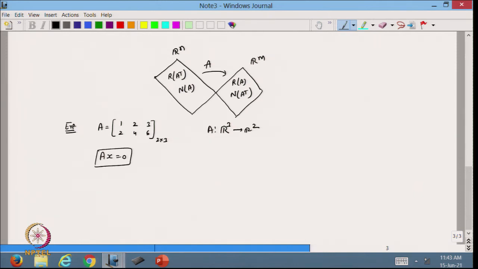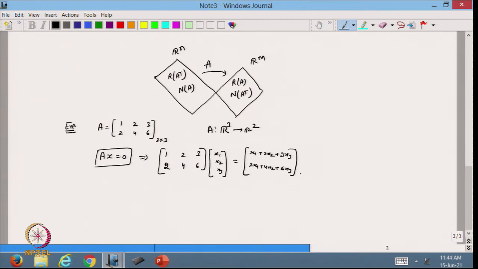That gives me the matrix 1 2 3, 2 4 6 times x1 x2 x3, because it is coming from R3, and that equals x1 plus 2x2 plus 3x3 and 2x1 plus 4x2 plus 6x3.